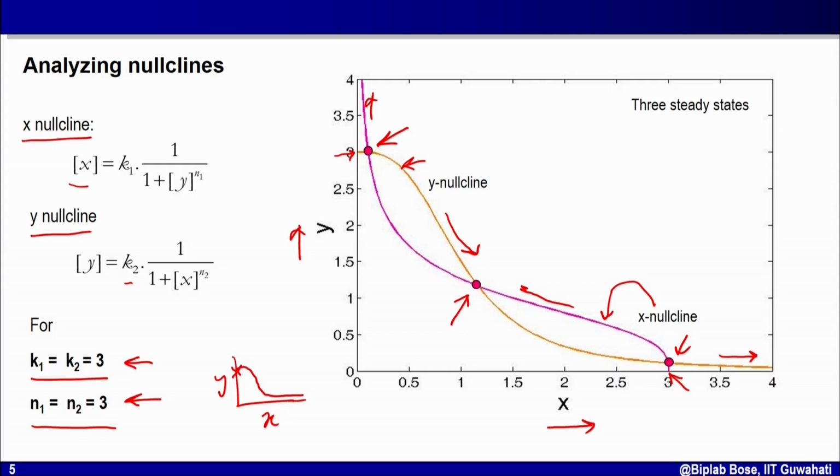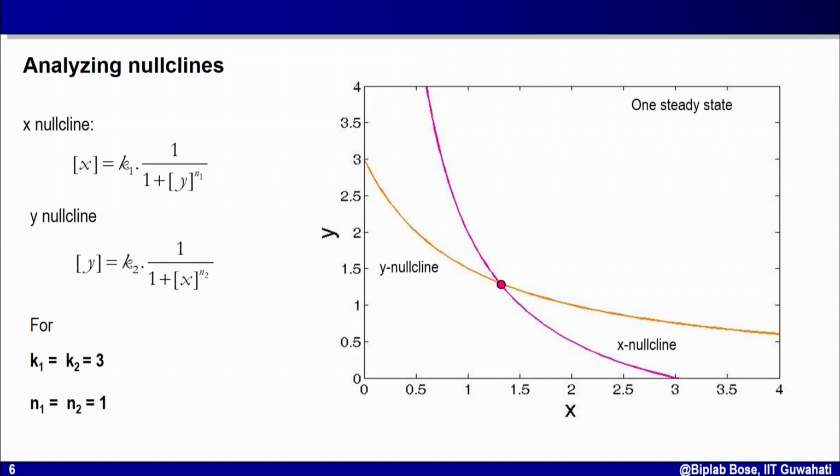Now let us change the values of k1, k2 and n1, n2 to see what happens to these steady states. What I have done here, I have kept k1, k2 equal to 3, but I have changed n1, n2 to 1. If you remember, in the Hill function, n1 is the Hill coefficient, and n2 is the Hill coefficient.